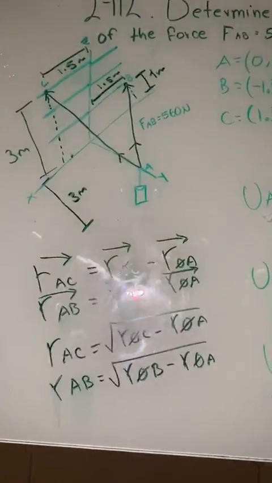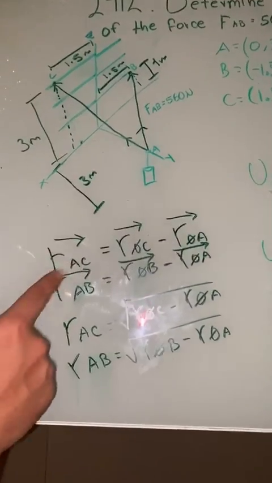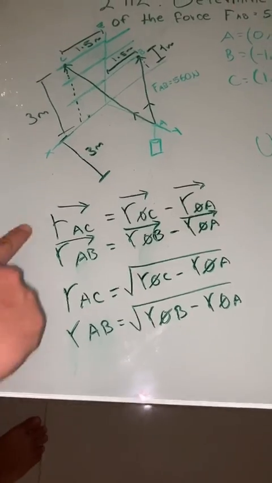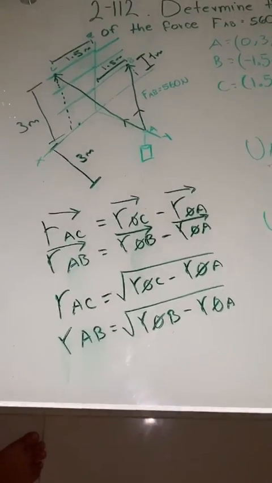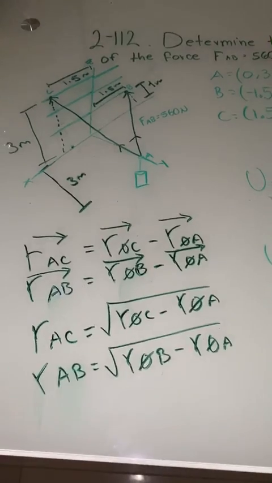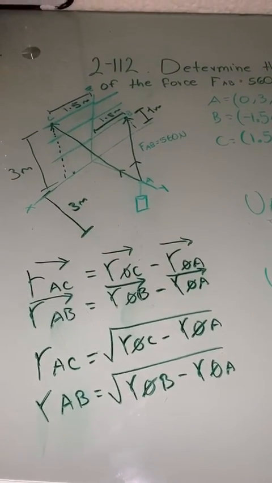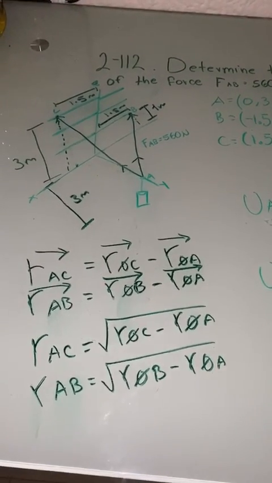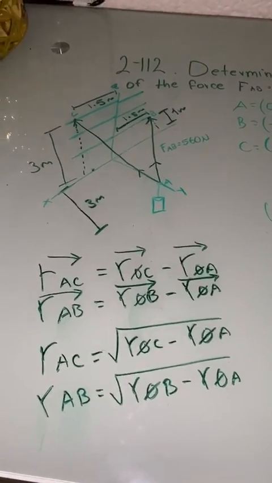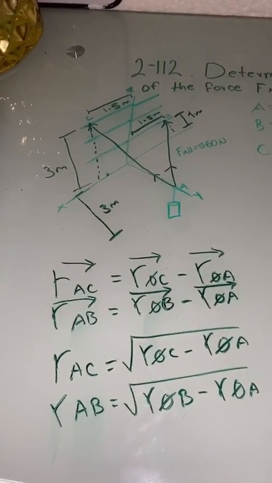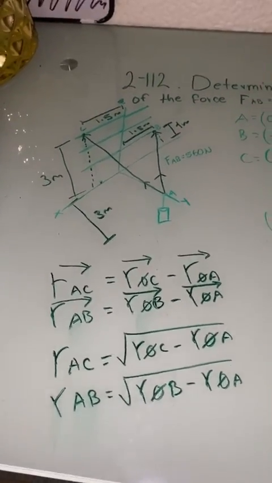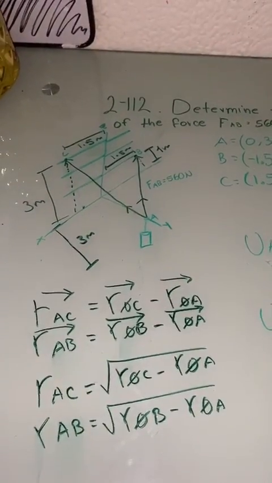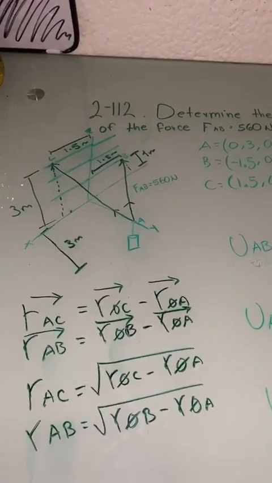We understand that the RAC vector is equal to the R0C vector minus the R0A vector, and the RAB vector equals the R0B vector minus the R0A vector.